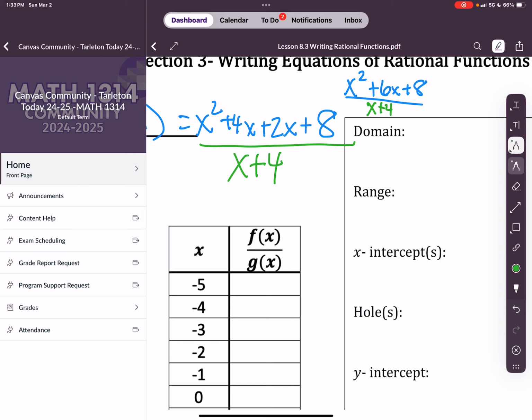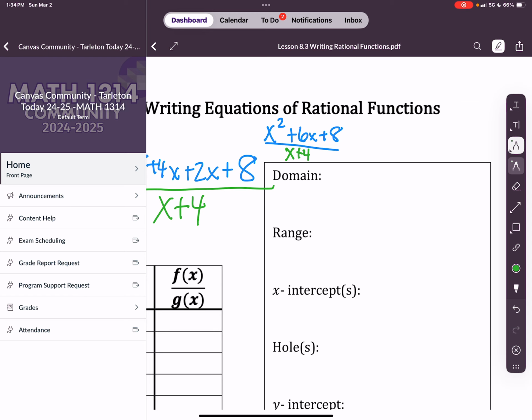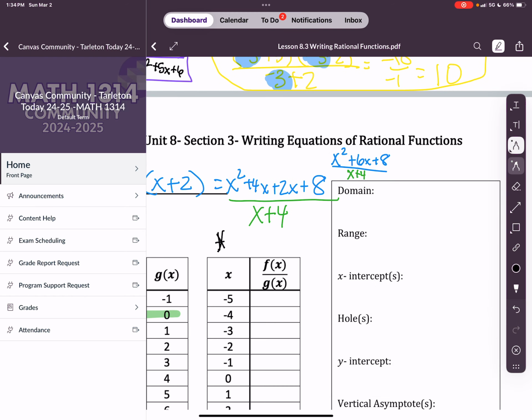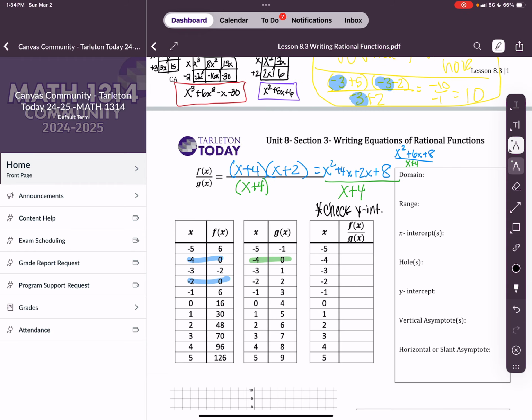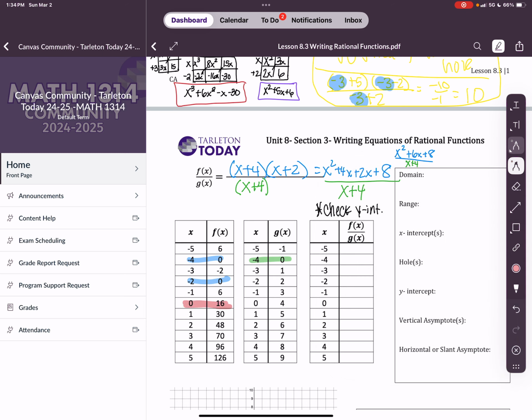Okay, so what we're going to do is we're going to check to see if we need to have an A. What we talked about on Friday is we're going to check, and I'm going to go ahead and make this note, check y-intercept. Okay, so as a reminder, over here on our y-intercept, we should have 16. Okay?